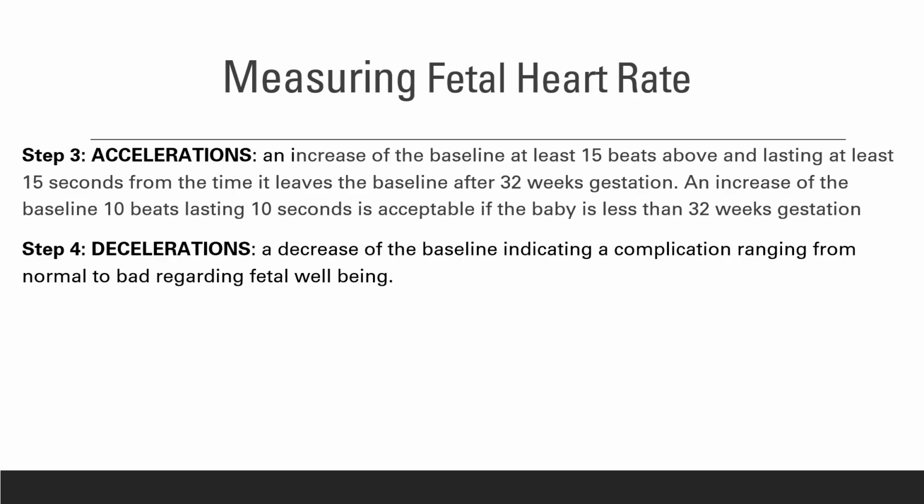If you are less than 32 weeks, the fetal heart rate acceleration is categorized by 10 beats high for at least 10 seconds long, so 10 by 10. So again, 32 weeks and above is a 15 by 15, and if it's less than 32 weeks, it's a 10 by 10.